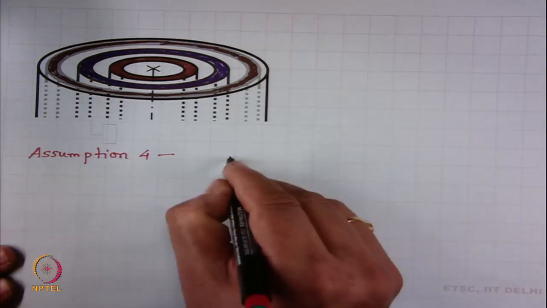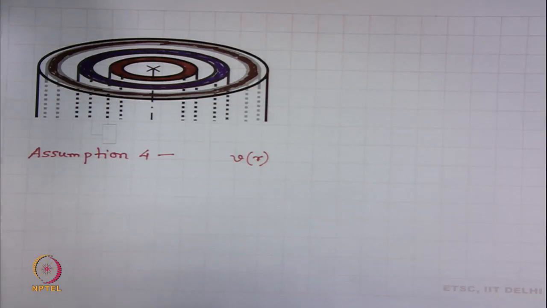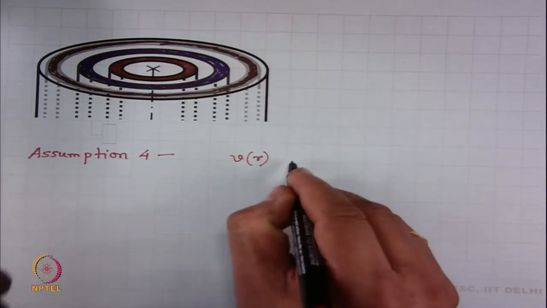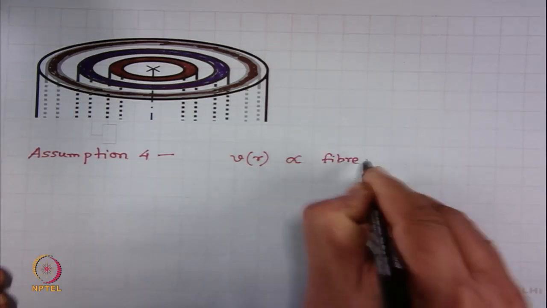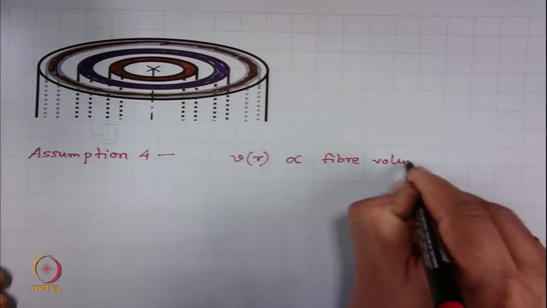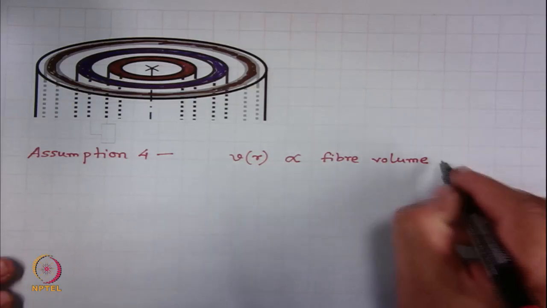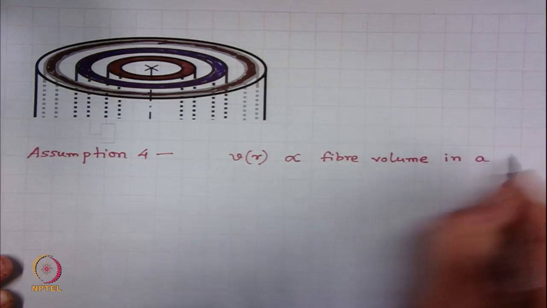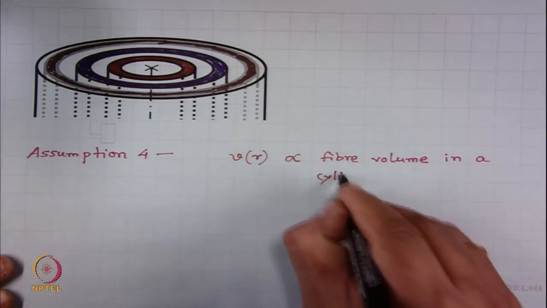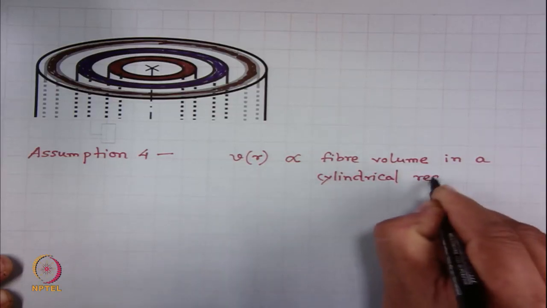Assumption 4 is modified in this way: the number of intersections, the number of fiber to fiber interactions, must be proportional to the fiber volume in a cylindrical region.